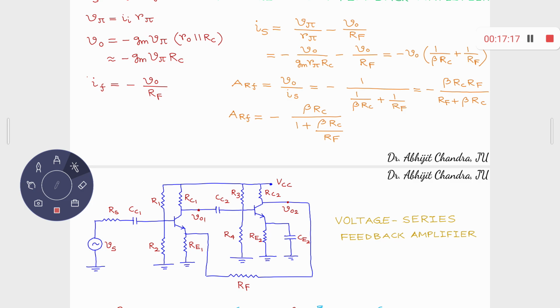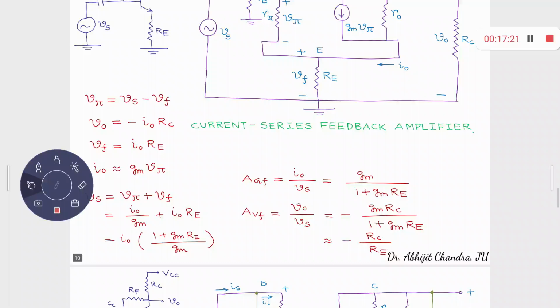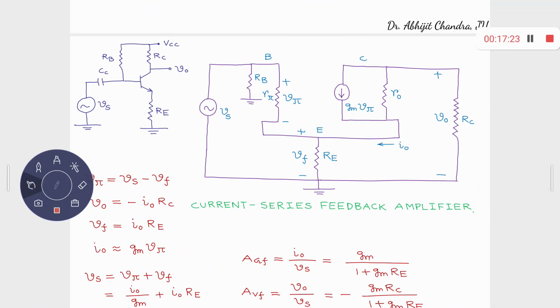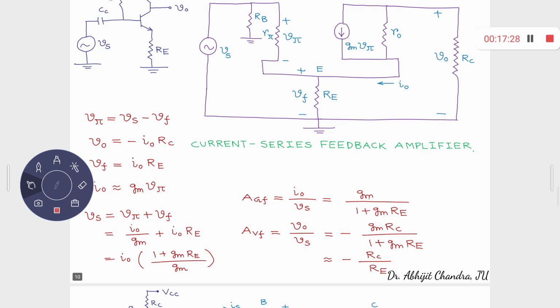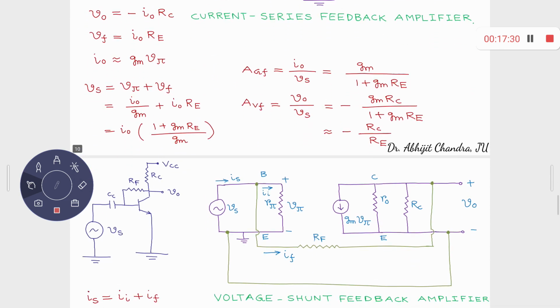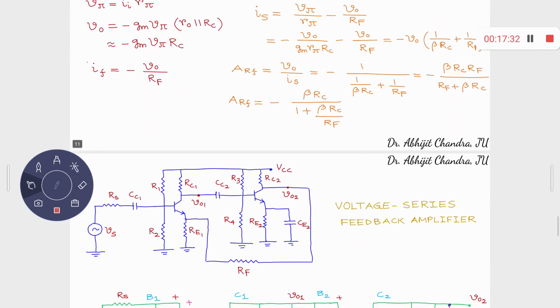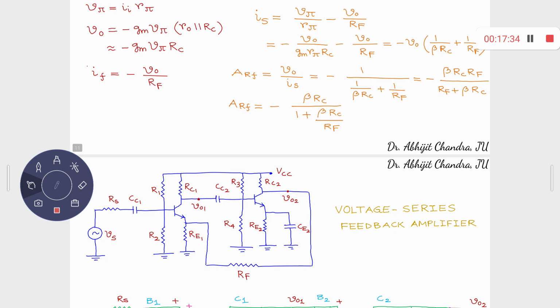So you don't want to have current series feedback whenever we are going to design voltage series feedback. Therefore, this particular emitter resistance is bypassed by means of a bypass capacitor. So there is no such local feedback present over there.